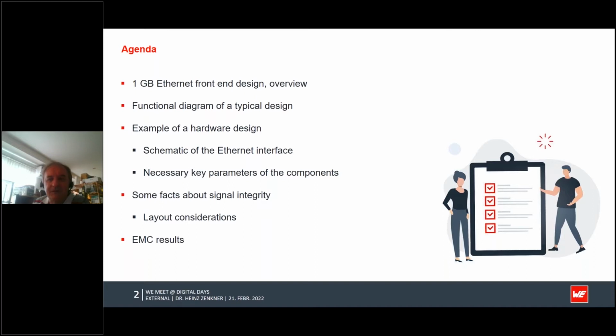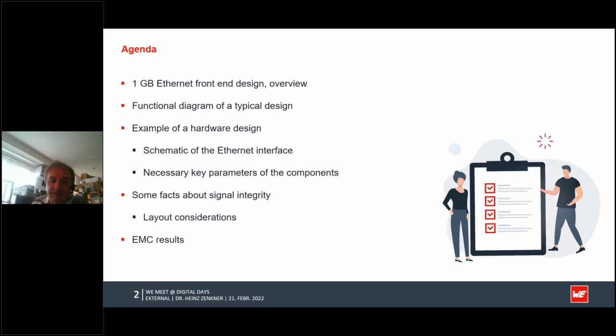One important issue is the necessary key parameters of the components. The next point is the facts about signal integrity, which also has a strong relation to the component parameters. And last but not least are the layout considerations we have to talk about.